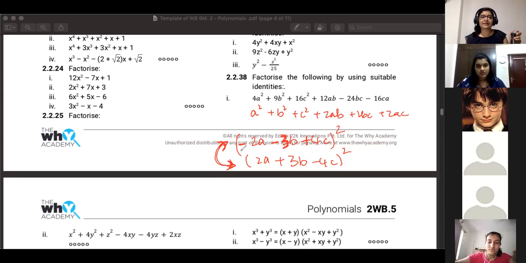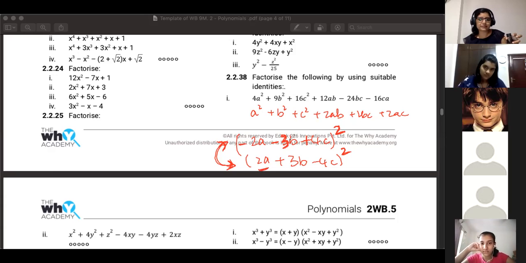Oh, ma'am, the square is 1 in both of them. Basically when you square both of them, you'll get the same value. So the logic behind why both are valid answers is, if I multiply this by minus 1, minus 1 into minus 2a, I get plus 2a.